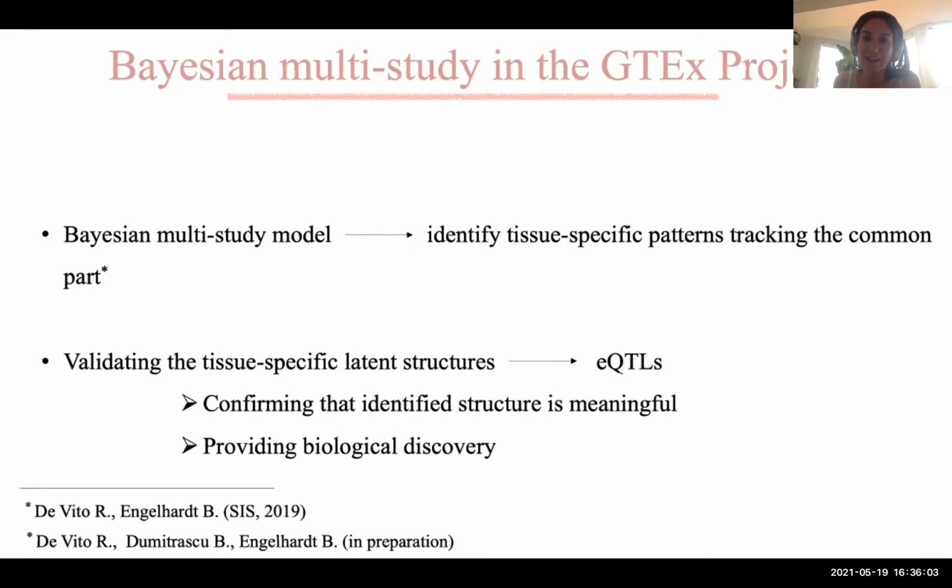We also want to validate this latent structure, and to do that, we perform an eQTL analysis. And this has 2 aims. One, we want to confirm that our study-specific tissue component is meaningful in terms of biology. And also, we want to provide important biological discovery.